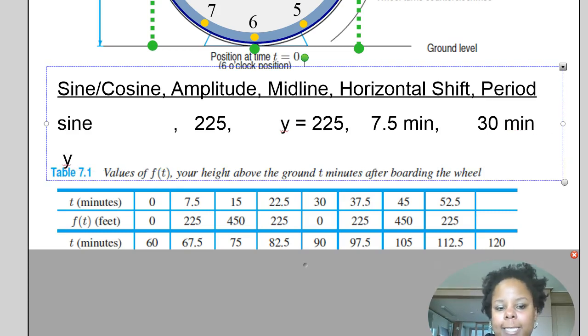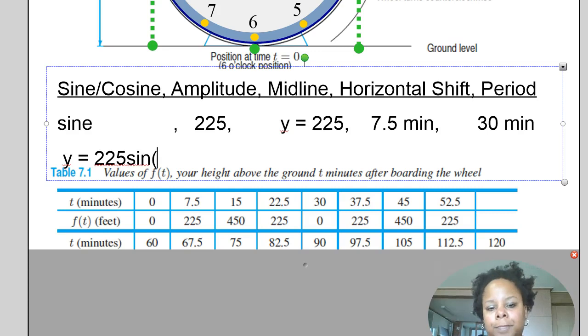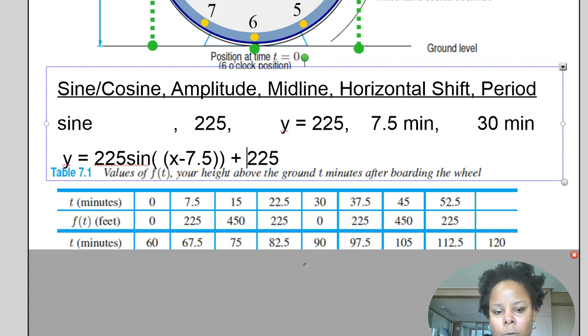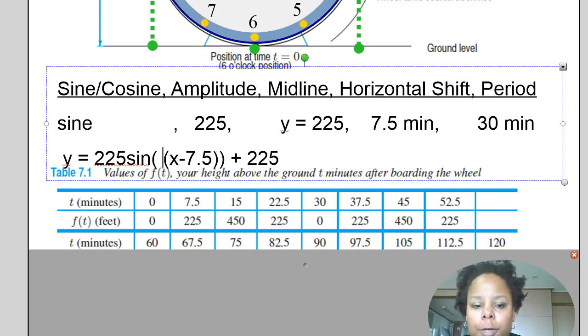So we're going to do y is equal to, A is 225, and we're going to use sine. Our horizontal shift is 7.5 minutes. And our vertical shift up is 225 because the midline is at y equals 225. Now the period is the most tricky thing because it's 30 minutes, so we need 2 pi over b to equal 30 minutes.